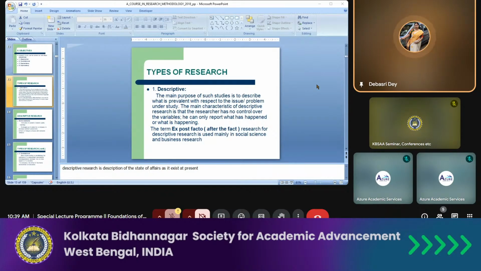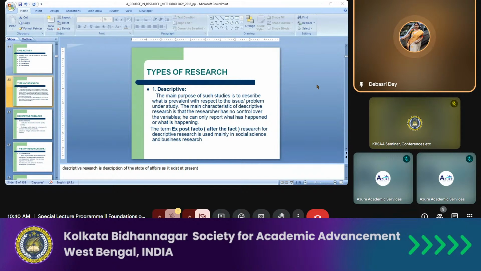I said a lot, but while talking about descriptive research, though the term is descriptive, I have to say a lot, definitely, my dear students. Descriptive is not always analytical. Descriptive research consists of surveys and fact-finding inquiries of different types. The main objective here is describing the state of affairs as it prevails at the time of the study. In most books it is called ex post facto research.